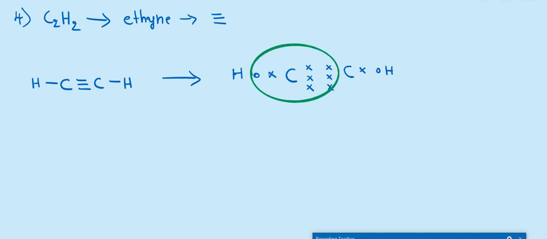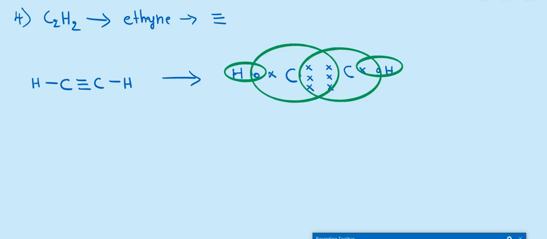So you count the electrons here, 1 2 3 4 5 6 7 8, and this carbon also you put one circle. And then we have to put circles for hydrogen. So this is the dot structure of ethyne.